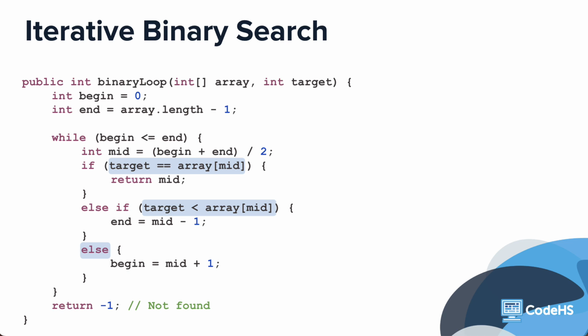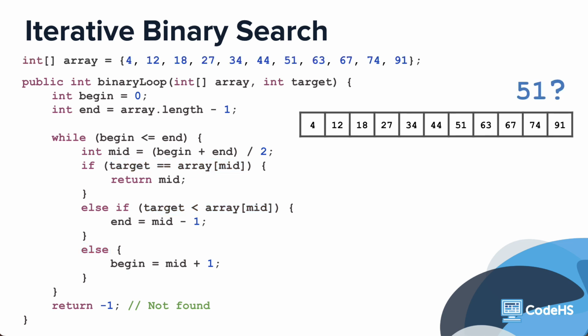Let's walk through this process with an input array. Here's the same sorted array and target value that you've seen before. You'll start by setting the initial beginning and ending indexes of the search. Then, as you enter the loop, you'll calculate the first middle point index. On the first pass, the target value is greater than the midpoint value. It then updates the beginning index to be the next index after that midpoint. This process repeats.